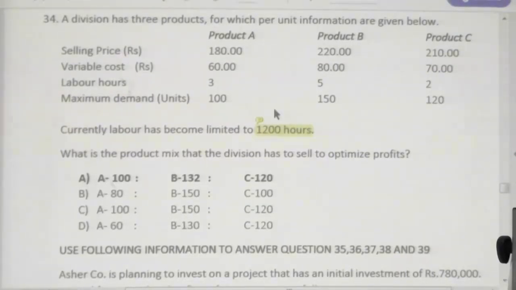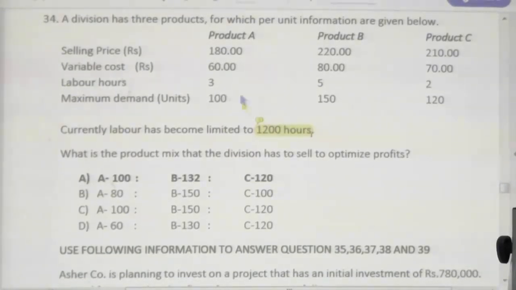Once you rank the 3 products, you know number 1 is C, number 2 is A, number 3 is B. Since C is number 1, the entire 120 you can produce, but 3 answers bring 120. You can ignore B, but A, C and D you have to refer to.